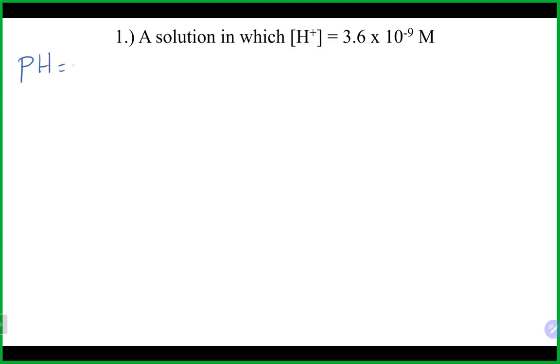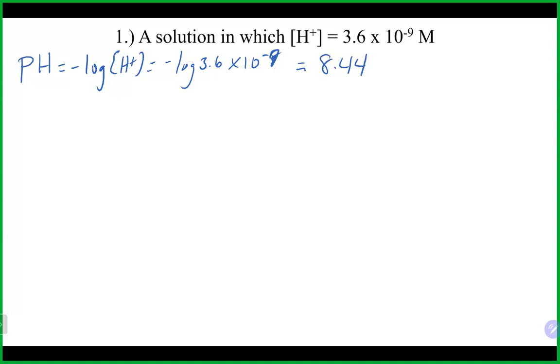So the pH is going to be minus the log of the H plus, and that's going to give me minus the log of 3.6 times 10 to the minus 9. It's kind of like 8. And if we punch that in correctly, we will end up with, in this case, a pH of 8.44.